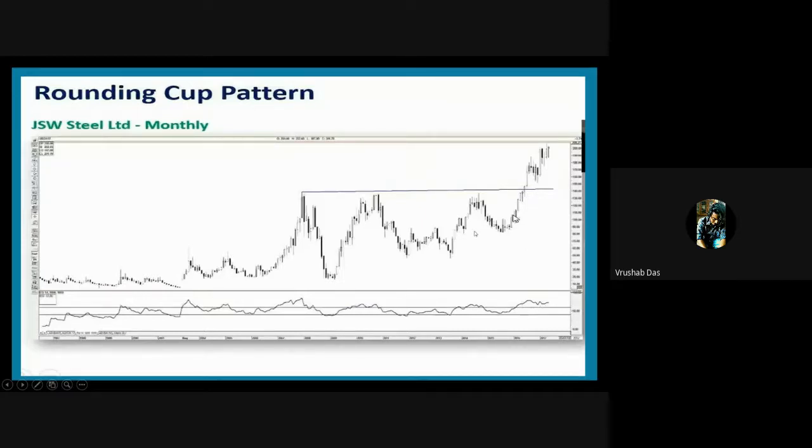The RSI oscillates between 0 and 100, but we set it at 20 to 80. If we set 20 to 80, then you can see that at the 50 level the RSI shows momentum. So with momentum, if you consider the cup pattern, the chances of reversal get higher.